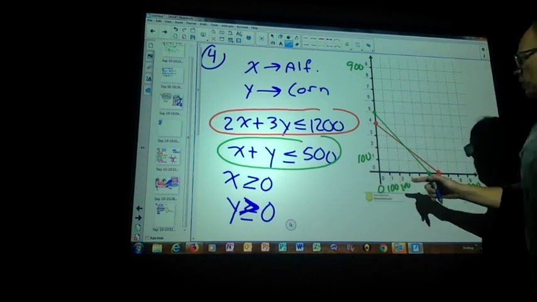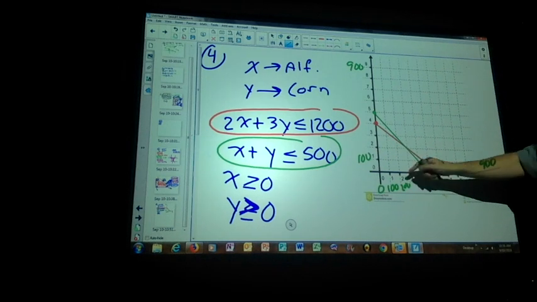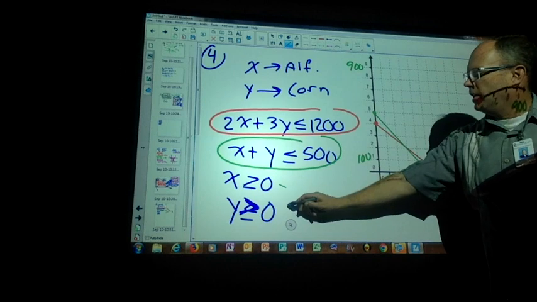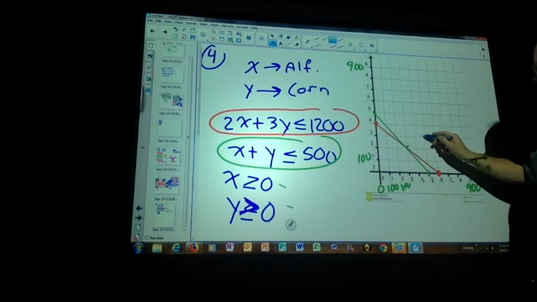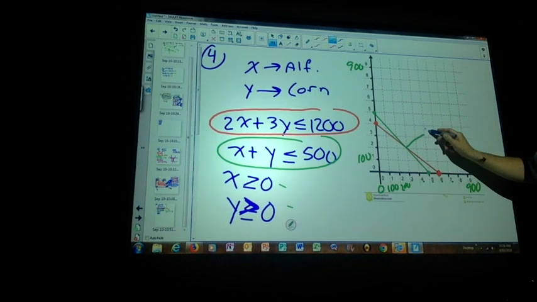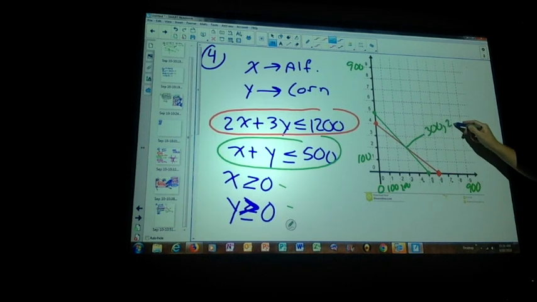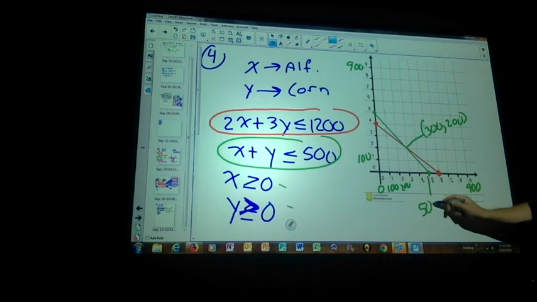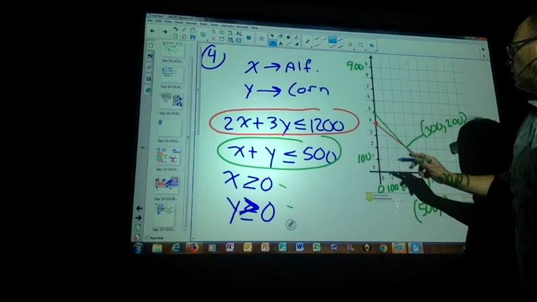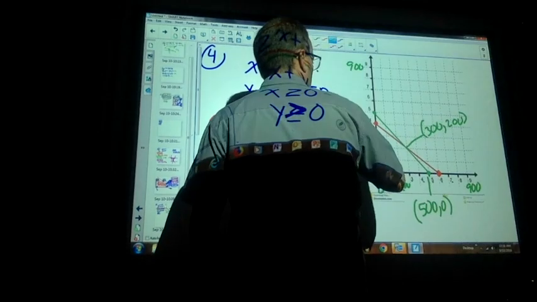And then I would say this is our feasible region because this and this are both here. By looking at it, it looks like 300, 200 is that point. This point right here is 500, 0. This point right here is 0, 400.